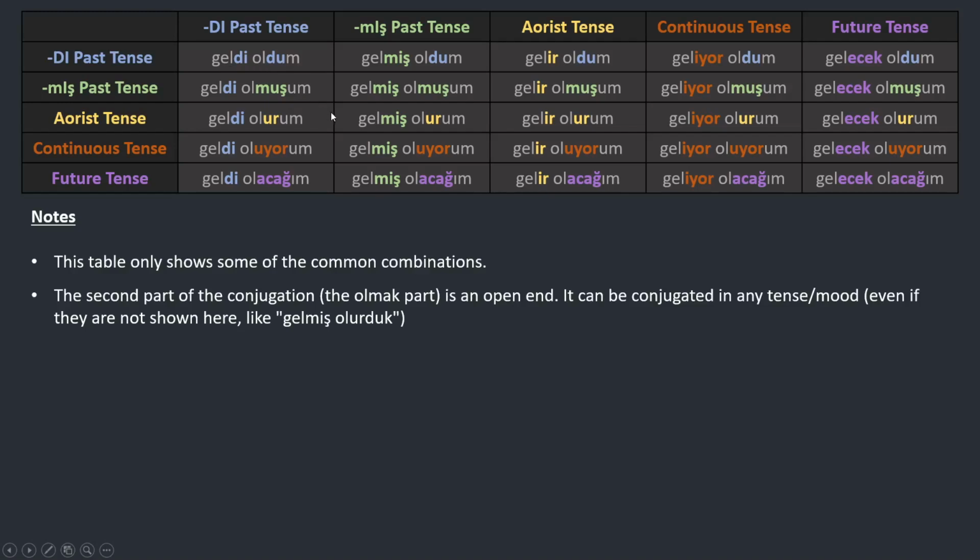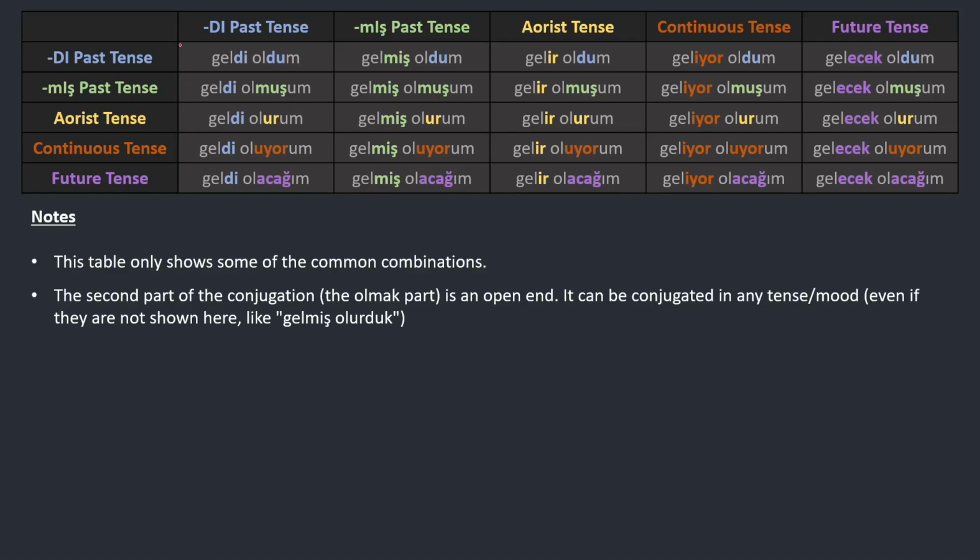Or a better example here, you can put ıyor on the verb, and then you can put acak on olmak.